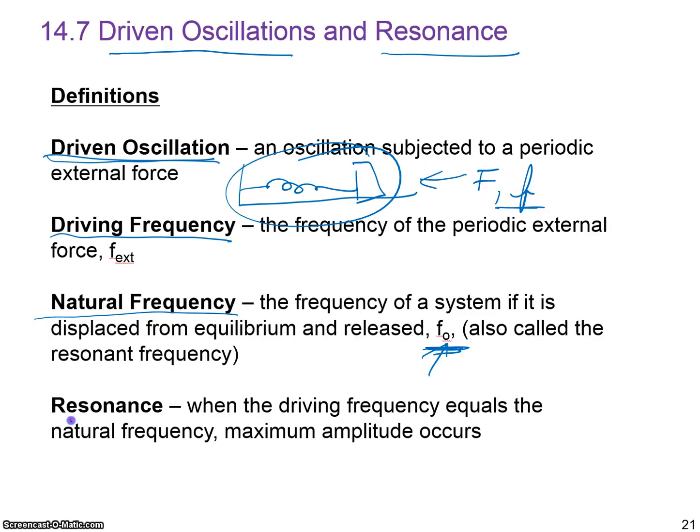And then resonance is when the driving frequency equals the natural frequency, and that's when you get maximum amplitude. So if I bump or push the mass at the driving frequency such that that equals the resonant frequency, that's when I get resonance and get maximum amplitude.